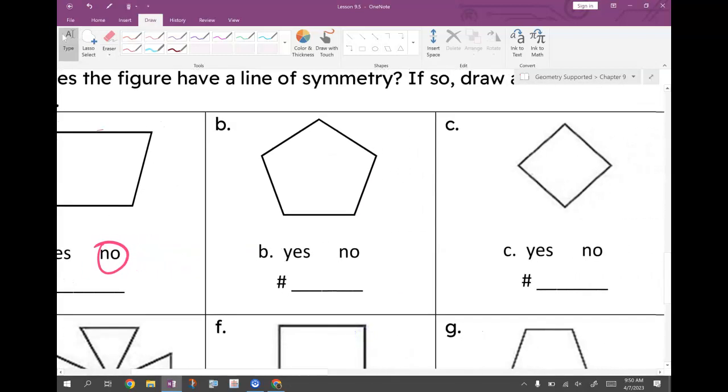B. Yes or no? Yeah. Perfect. Where are they? Up, down. Keep going. There is more than one. And I will tell you this, because all sides are equal, that is what makes it more than one.